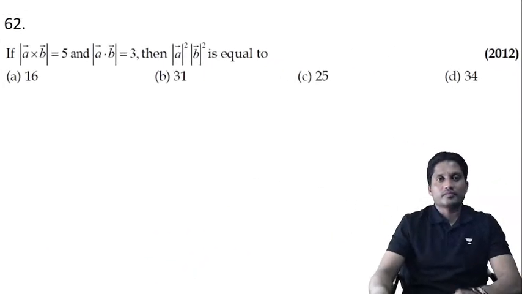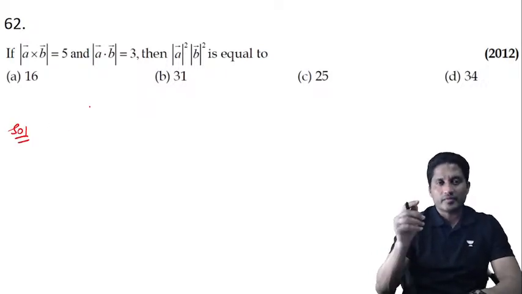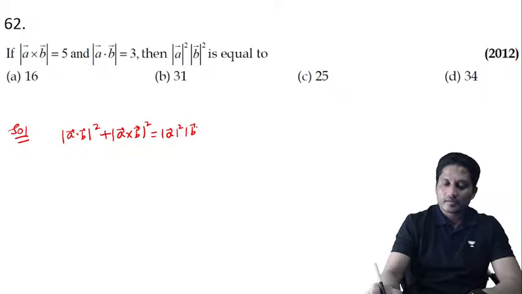Question number 62. See, again I'll use Lagrange's identity. When I know dot and cross, dot the whole square plus cross the whole square is equal to mod A square into mod B square.